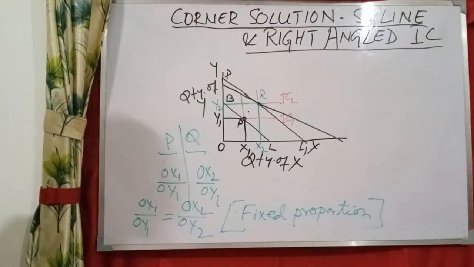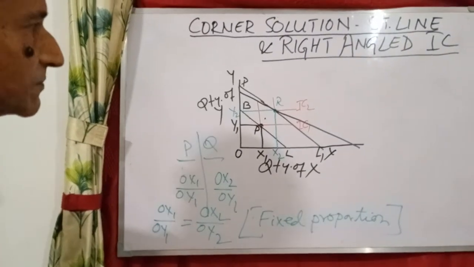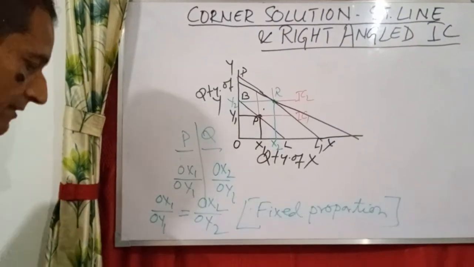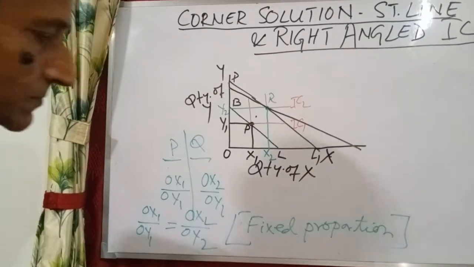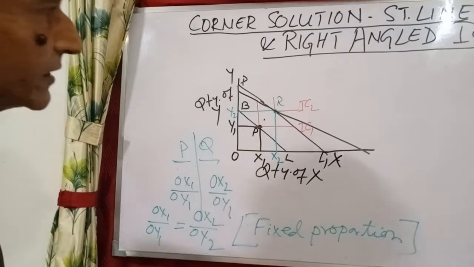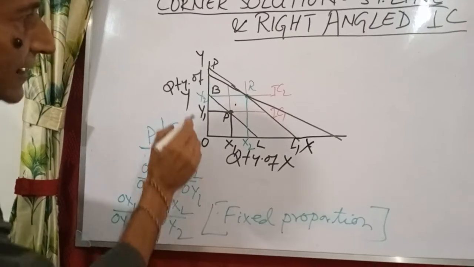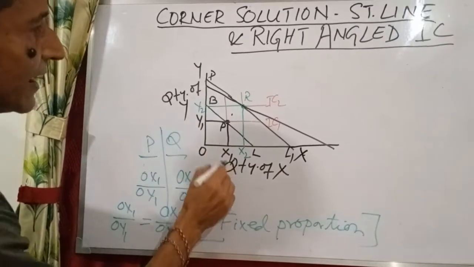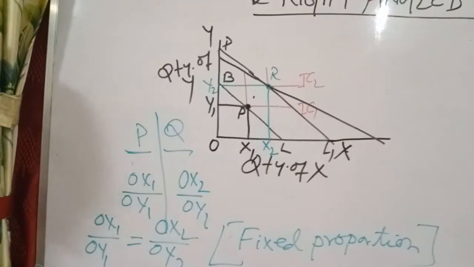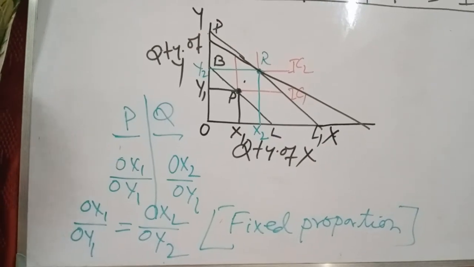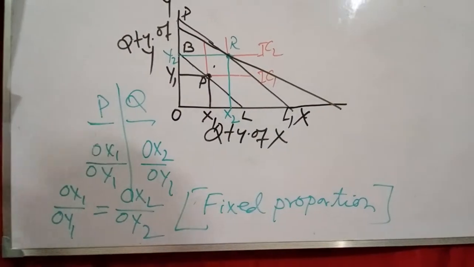In the case of straight line indifference curves, the point arises on the positive intercept of either the X axis or the Y axis depending upon the price ratio. And in the case of complementary goods, the corner solution is arrived at the point of tangency between the budget line and the right angle indifference curve. That is the corner of the indifference curve.